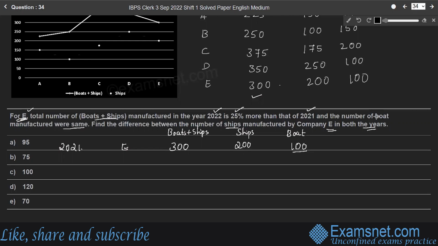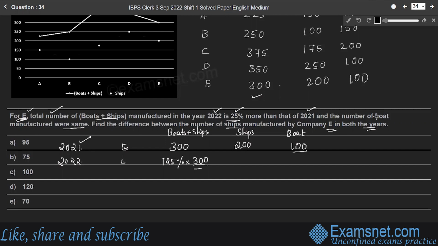So according to the question, in 2022, total number of boats plus ships manufactured is 25% more than that of 2021. That means E manufactures 125% of 300 boats plus ships, right? So 300 means boats plus ships in 2021.